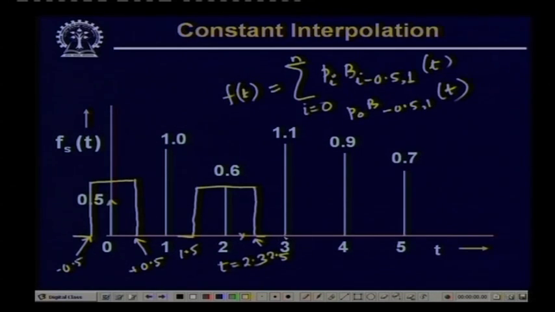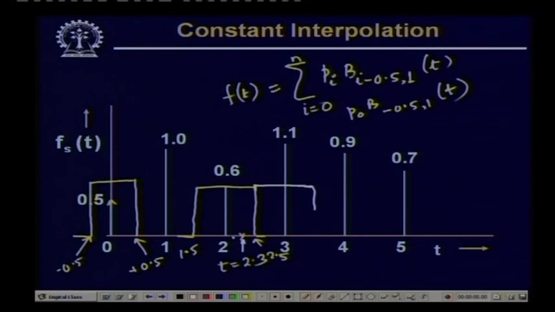To find out the contribution of P 3 which is equal to 1.1, here again the corresponding B-spline function, that is B 2.5 t, is equal to 1 in the range 2.5 to 3.5, and it is equal to 0 outside. So, even P 3 does not have any contribution to this particular point t equal to 2.3.